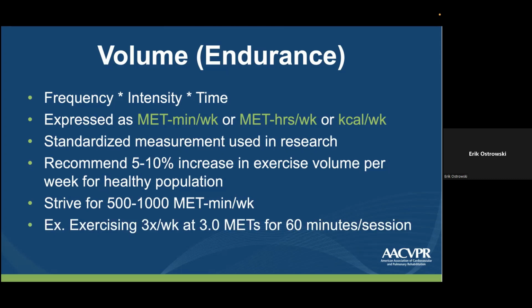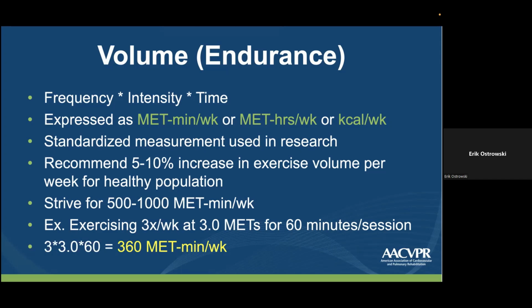And so if we just practice calculating this real quick, it's really straightforward, as you can see. If a patient's exercising 3 times a week at 3 METs for 60 minutes each session, that's just 3 times 3 times 60. So this patient would have an exercise volume of 540 MET minutes per week.